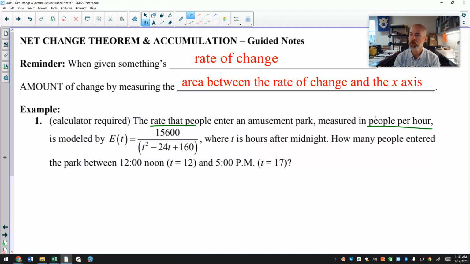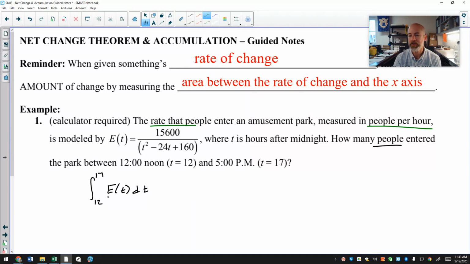To do that, we're going from a rate, people per hour, and we want only people in the end. That will be the antiderivative from 12 to 17 of the function E of t dt. If you want to know if your setup is reasonable, there are times where you can inject units into the setup.